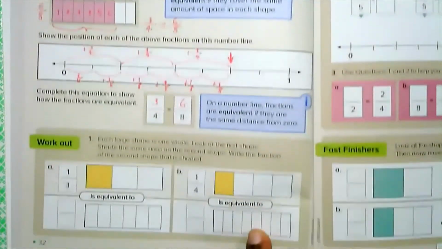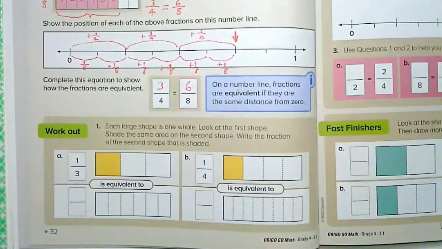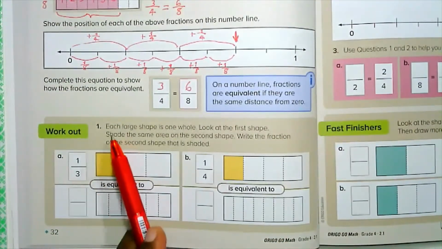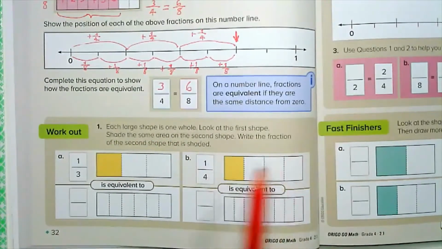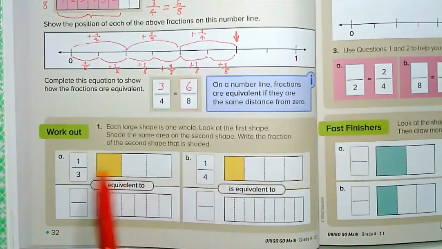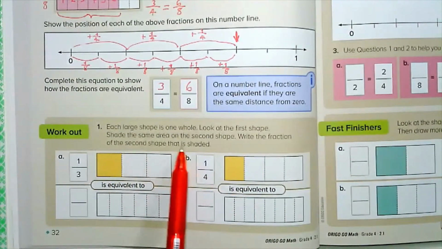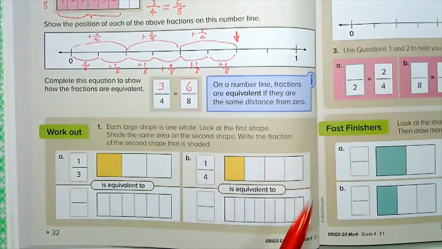So now let's go on to the workout. Number 1, each large shape is 1 whole. Look at the first shape. Shade the same area on the second shape. Write the fraction of the second shape that is shaded.